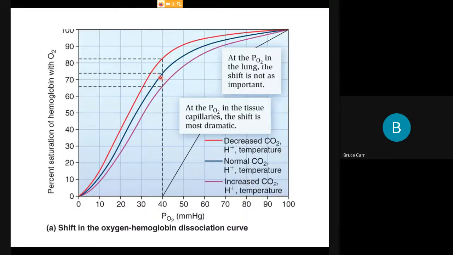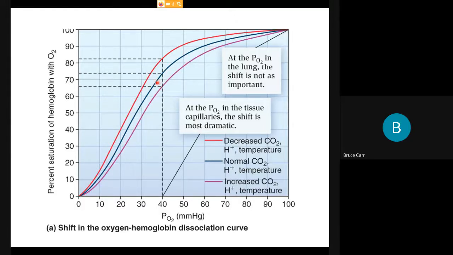This curve, the blue curve, is an at-rest, normal CO2, hydrogen ion, and normal temperature. So you can see that as we increase the partial pressure of oxygen, we increase the saturation of the hemoglobin molecule.